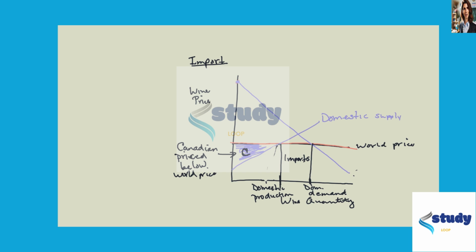We're going to say this is region A above this price point, and this is B. And we also have this region D, so let's talk about what these are.